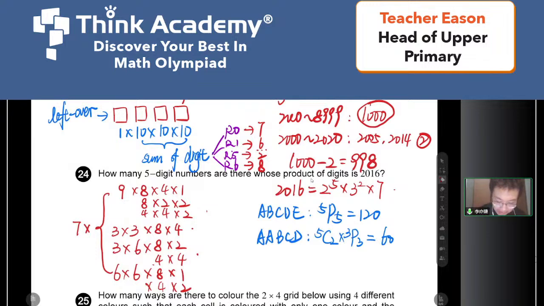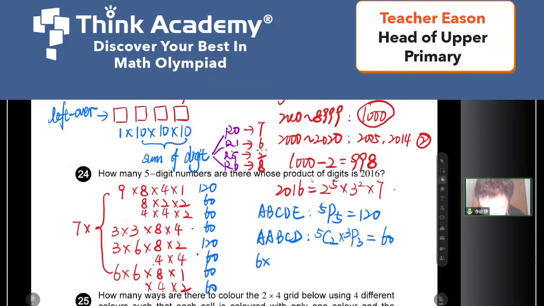So in the first case, all 5 numbers are distinct, so there is 120. In the other cases, there are two identical numbers, so they can only form 60 each. So all 5 numbers distinct gives 120, and there are 60, 60, and so on. Making them together, how many? 1, 2, 3, 4, 5, 6.